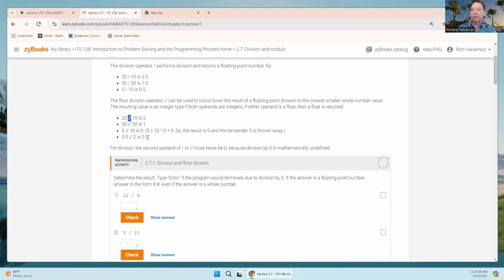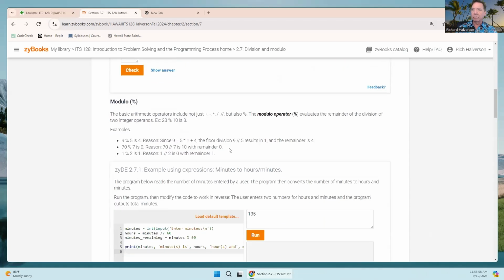Then to actually get that remainder, you use a percent sign. If you have this operator in between two numbers, you're only going to get the remainder, not the quotient part.